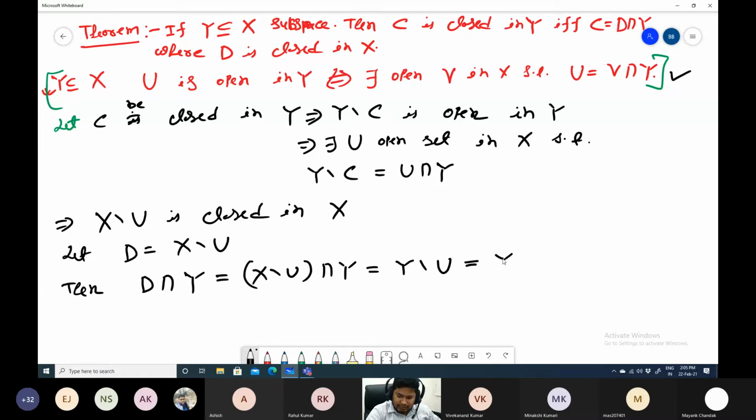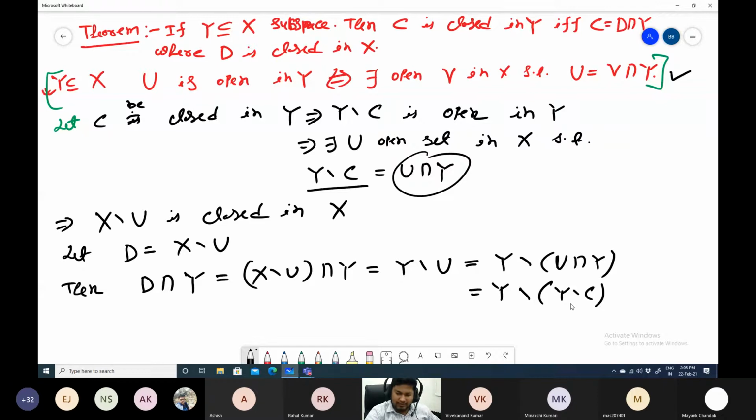Which is the same as Y minus U intersection Y as well, because we are subtracting from Y, right? So therefore it is Y minus U intersection Y. Now what is my U intersection Y? This is Y minus C, right? So it is Y minus (Y minus C). So this is just C. So we are done. That is a simple one.